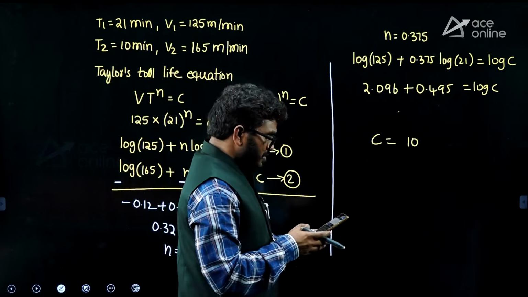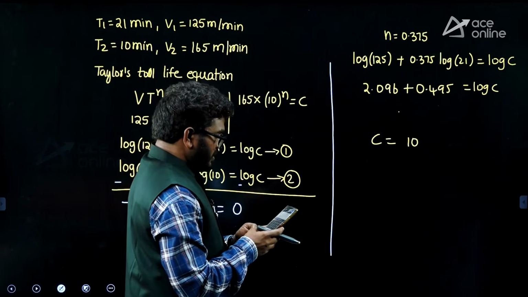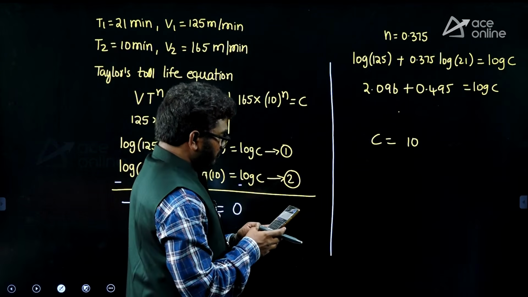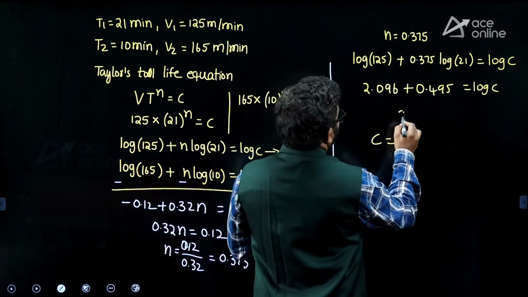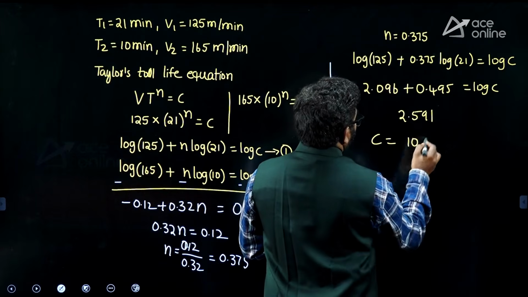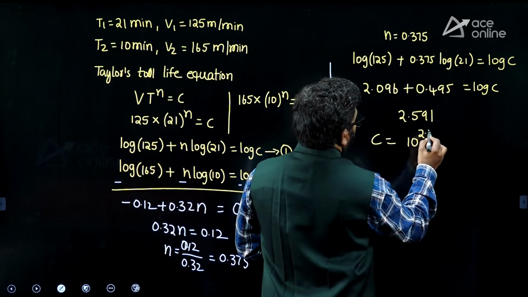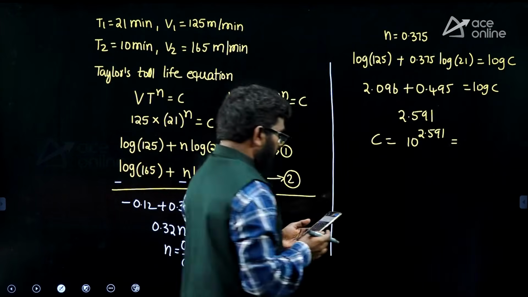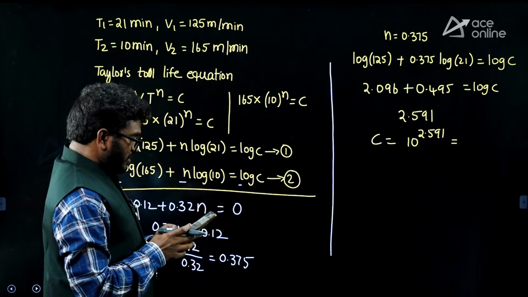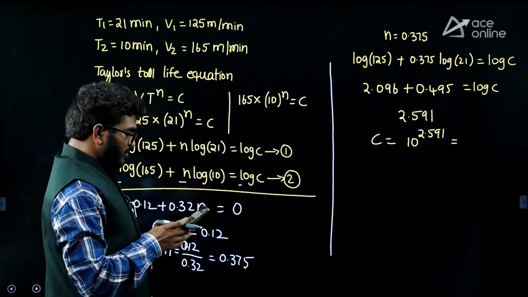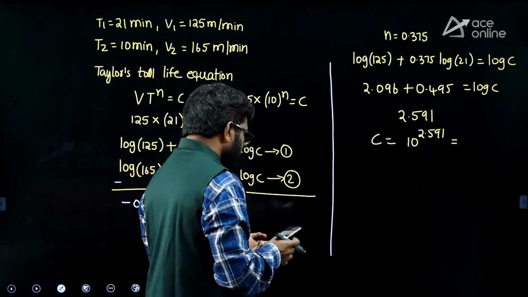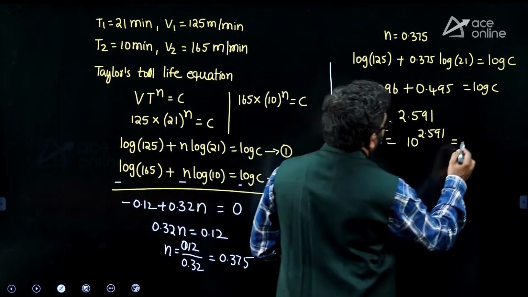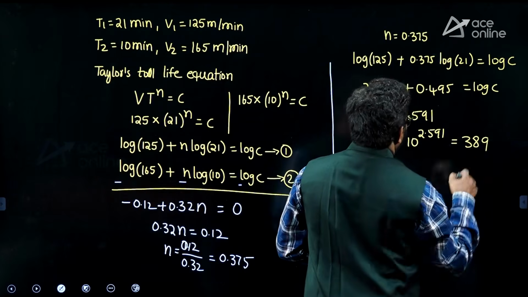Now see here, 2.096 plus 0.495, you will get 2.591. So C equal to 10 power 2.591, that is 389.9.